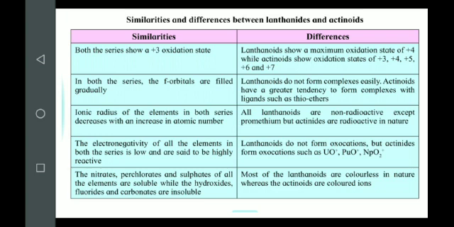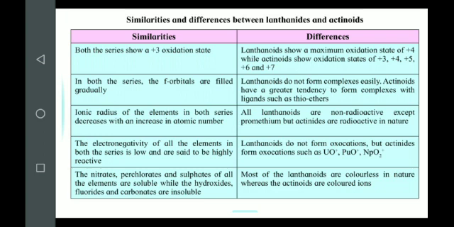Now let's come to the difference. Lanthanoids do not form oxocations, but actinoids form oxocations such as uranium oxide, plutonium oxide, neptunium oxide, etc. The nitrates, perchlorates and sulfates of all these elements are soluble, while the hydroxides, fluorides and carbonates are insoluble.